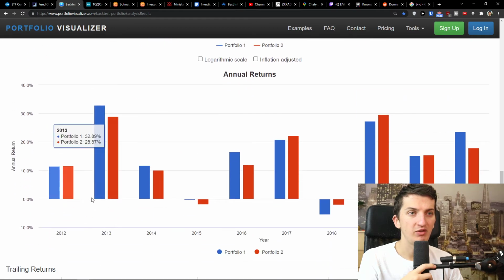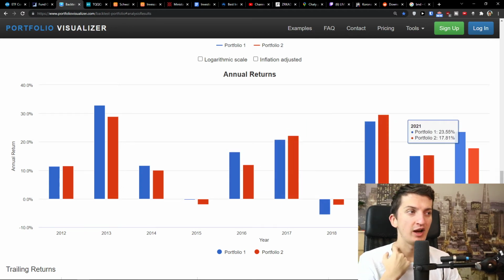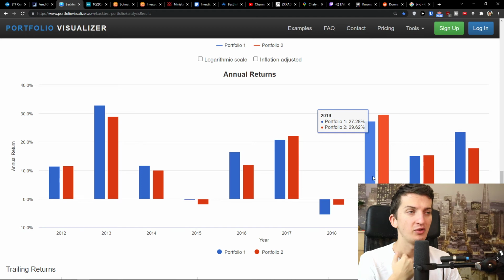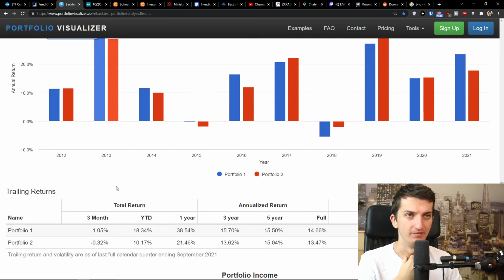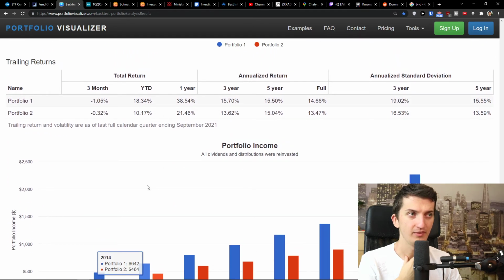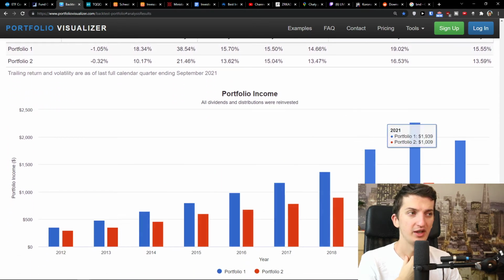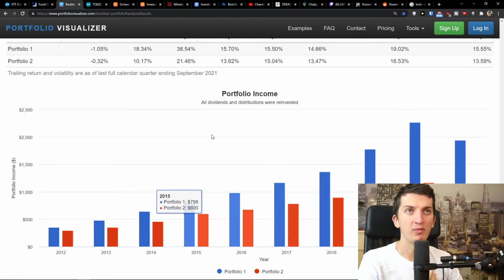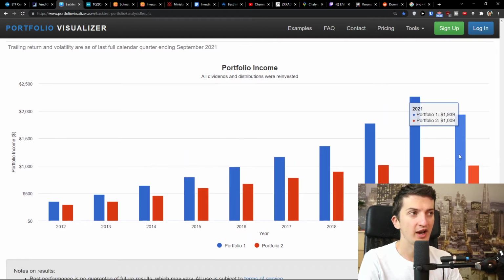Now we can see 2012, 2014, it was up and down, round. SCHD outperformed 2021. 2019 was better with VIG. And you can clearly see those numbers. Now when you compare it with dividends, you would see that you would make more money with SCHD compared to VIG.